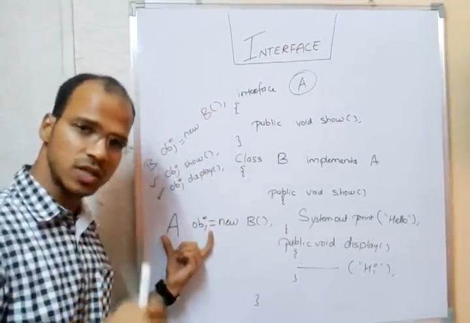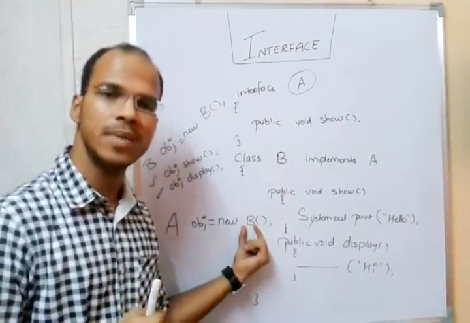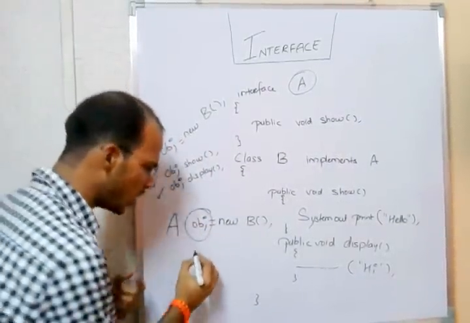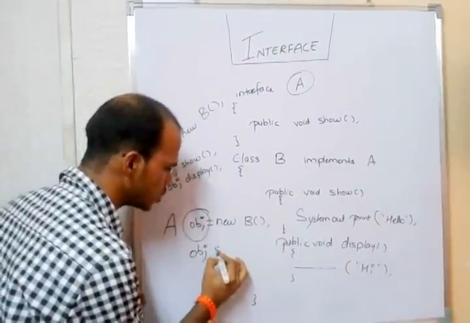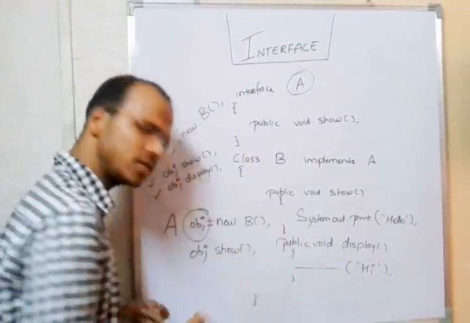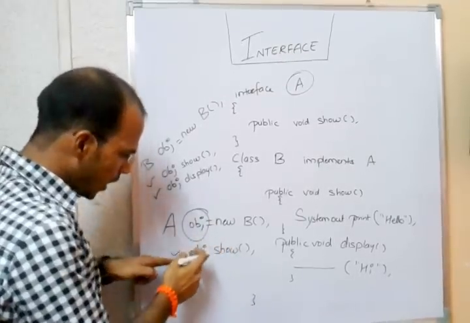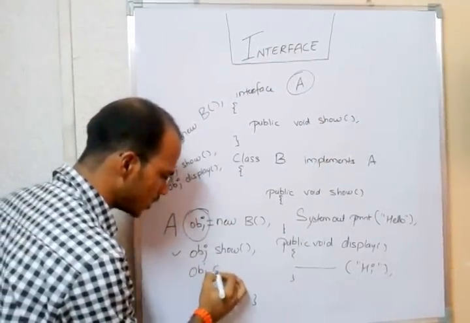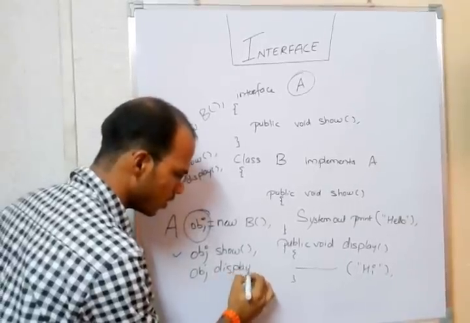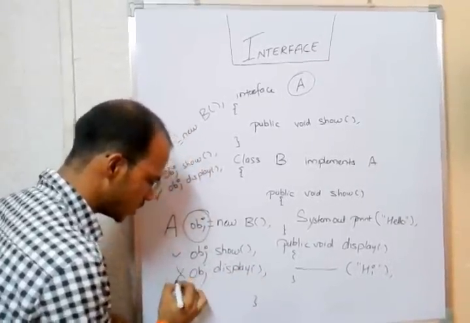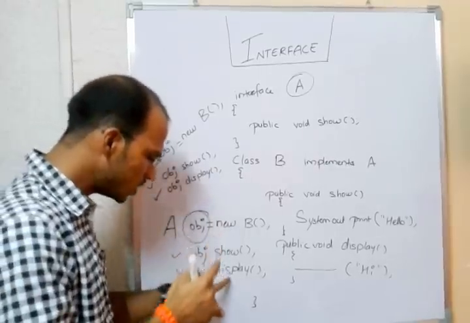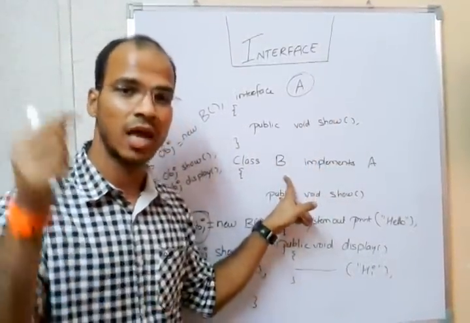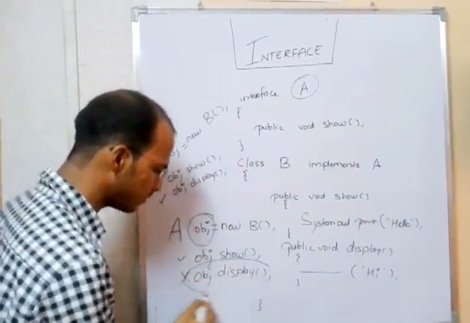We create the reference and the memory comes from B. That means indirectly you have an object of A, and this time if I say obj.show, yes, this will execute because show belongs to A. But when I say obj.display, this is not possible, because display doesn't belong to interface A, it belongs to class B, and I'm restricting the user from using display.